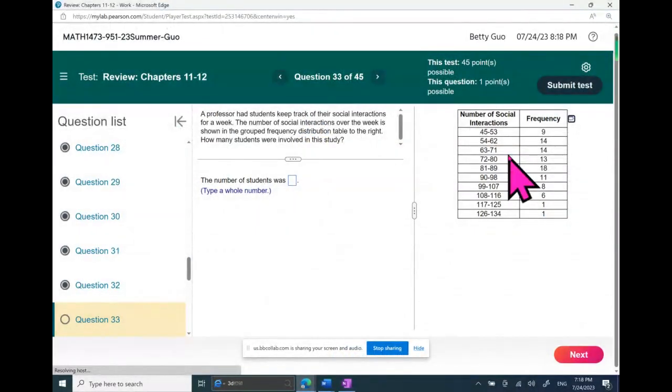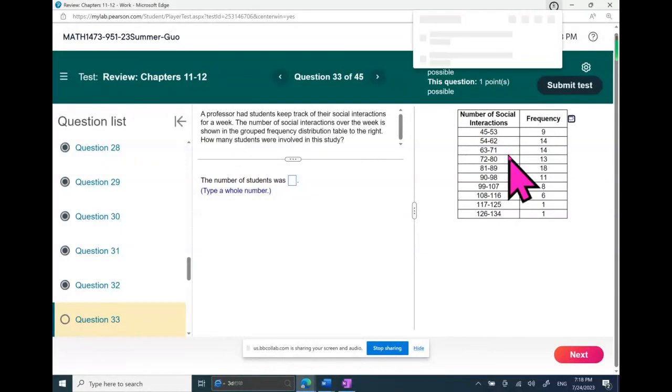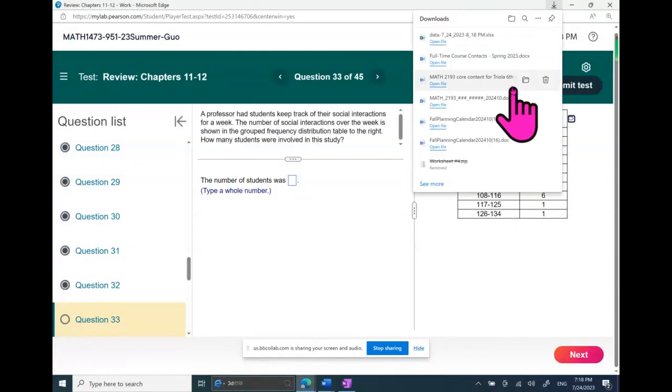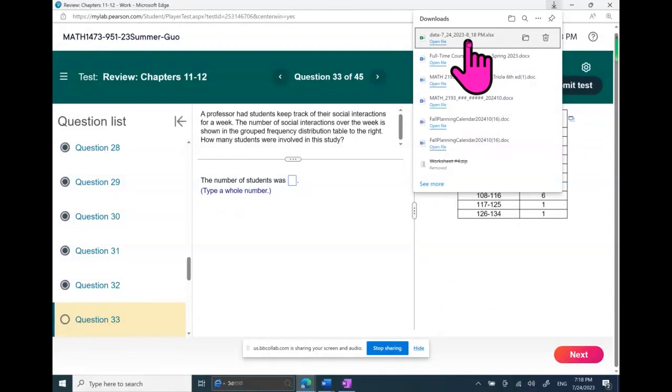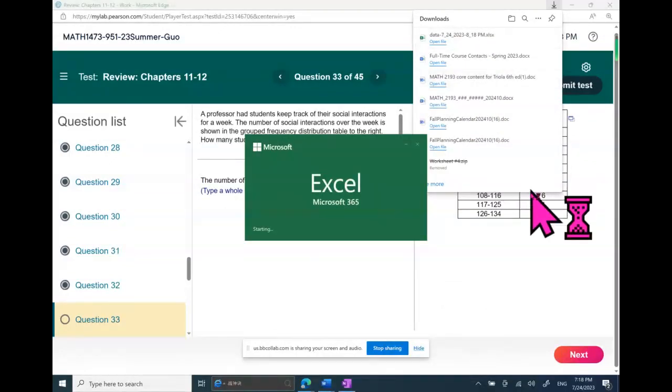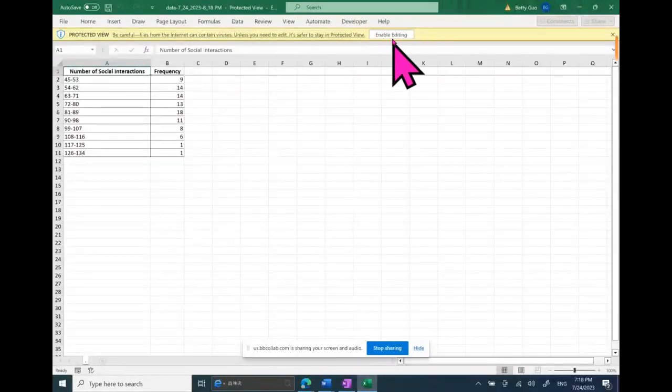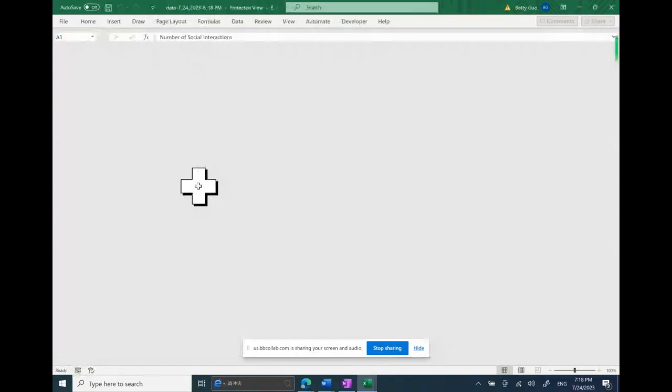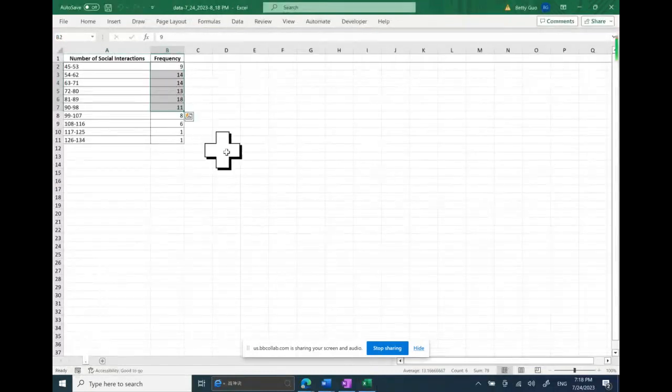Open in Excel. Let's see. The question is going to be very easy. So you open that. If you do it manually, isn't that bad? You just add up all the frequencies. And then enable editing. So you see those frequencies, right?